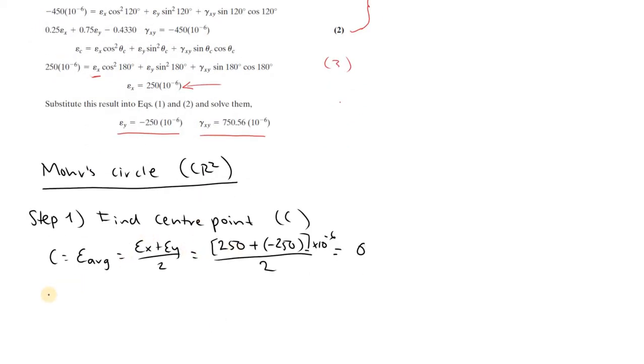And then we want to do our step 2, which is our reference point. Again, our reference point: normal strain X and shear strain. But unlike the stress calculation, when we talk about strain, our shear strain is always divided by 2.